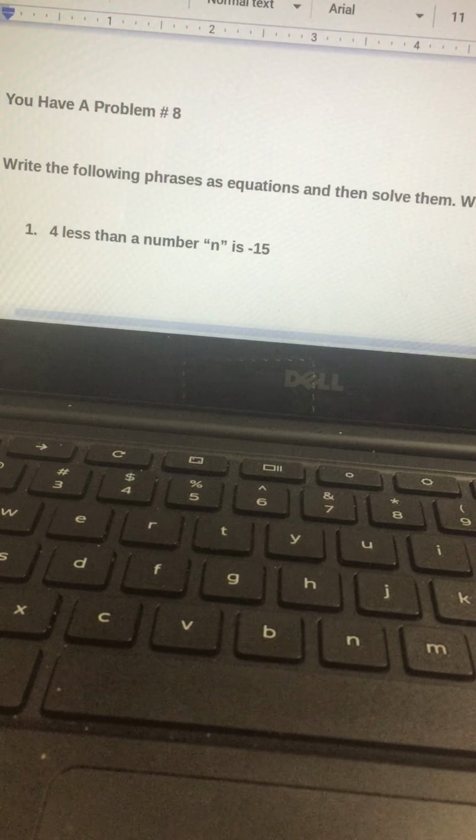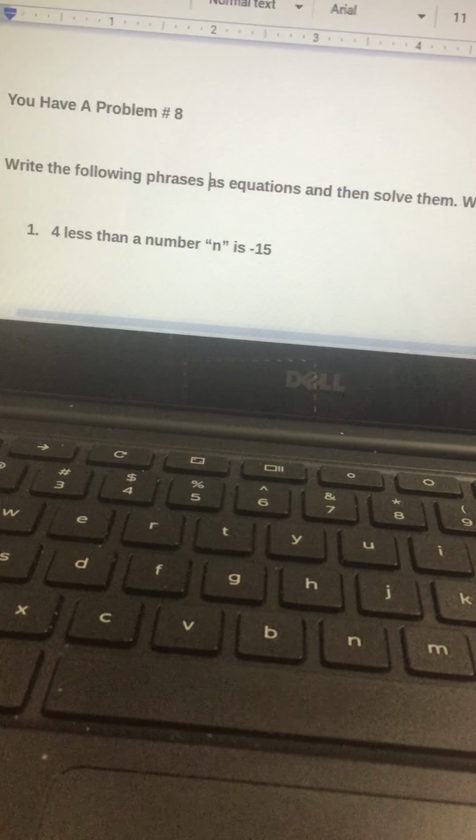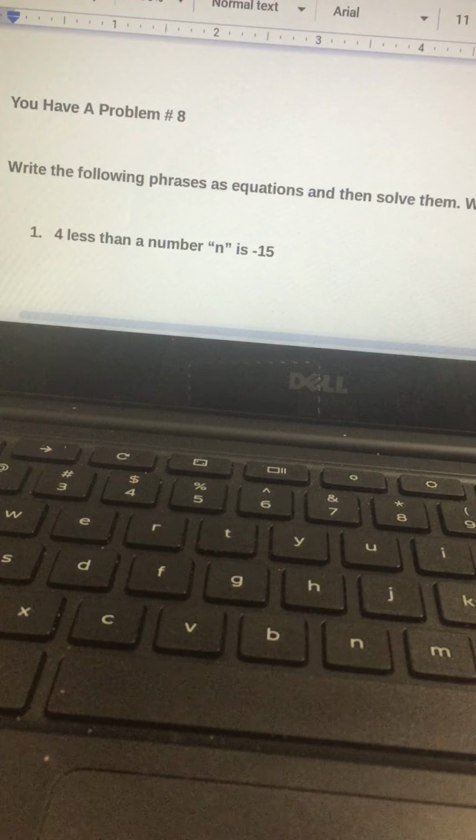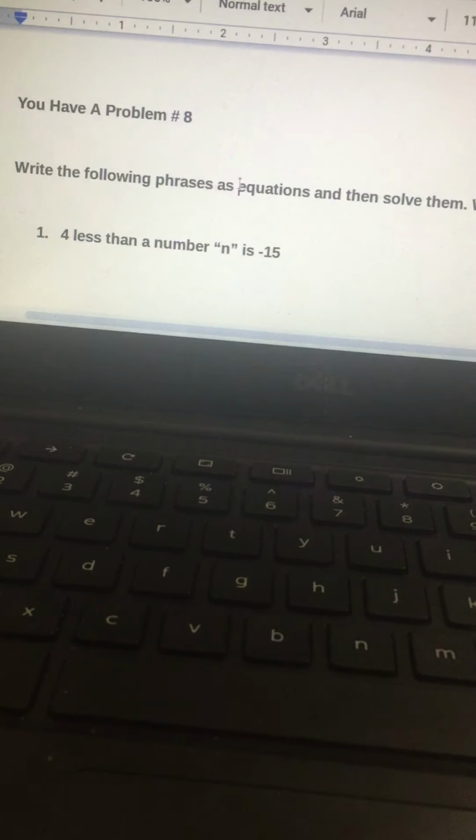Question number 1 says, 4 less than the number n is equal to negative 15.